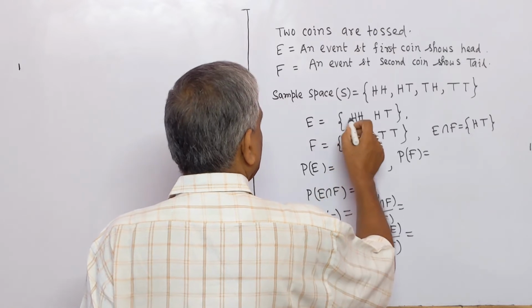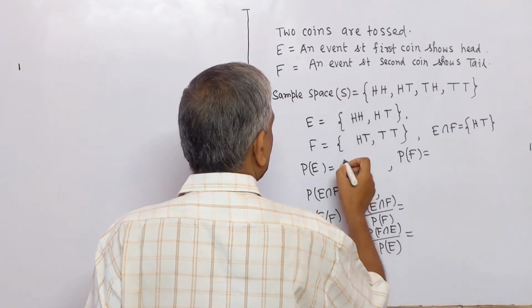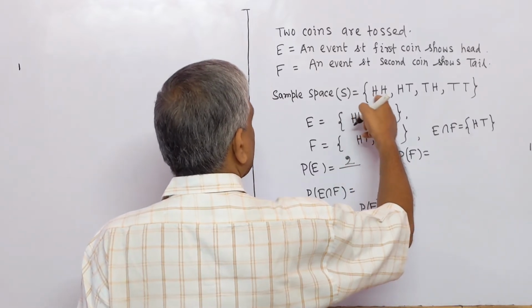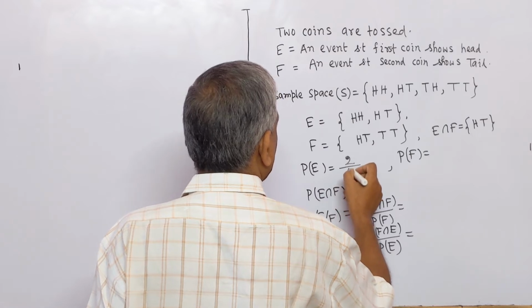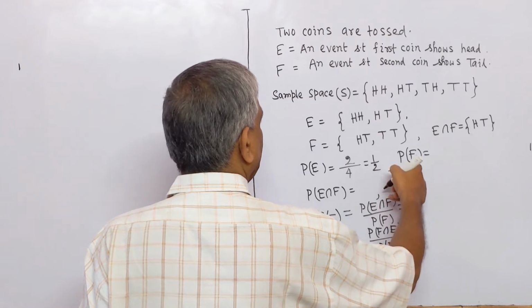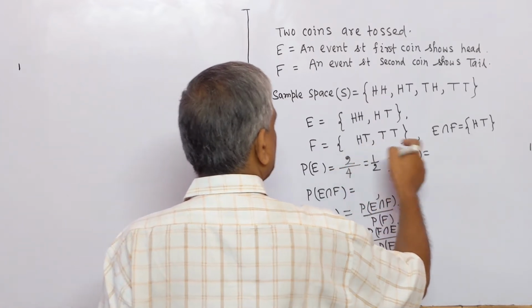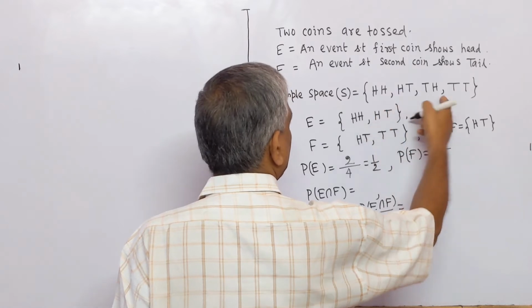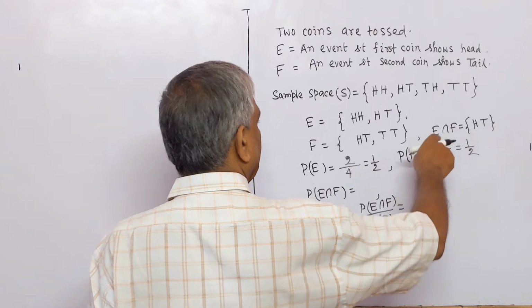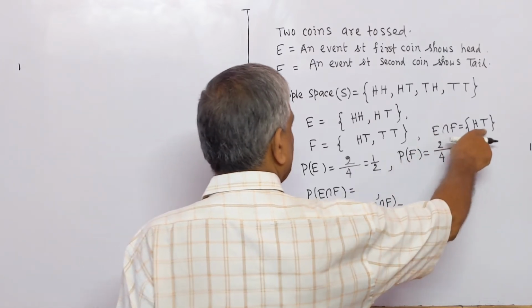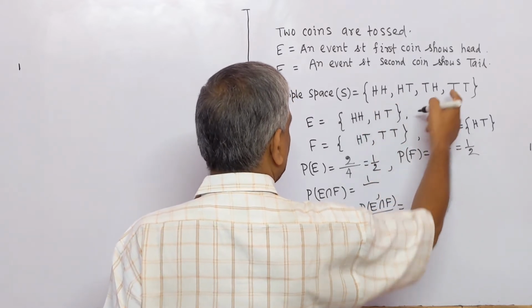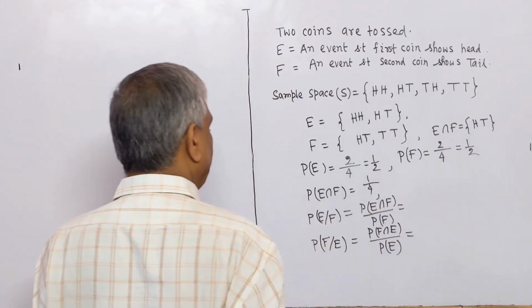Since P(E), here number of elements be 2 and n(S), number of elements 4, 2/4 means 1/2. P(F), n(F) is 2, n(S) is 4. This is half. Here P(E intersect F). Here we have one element, 1 by number of elements in sample space 4, 1/4.